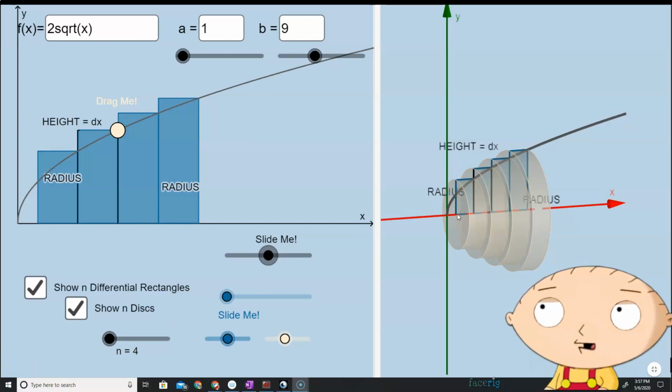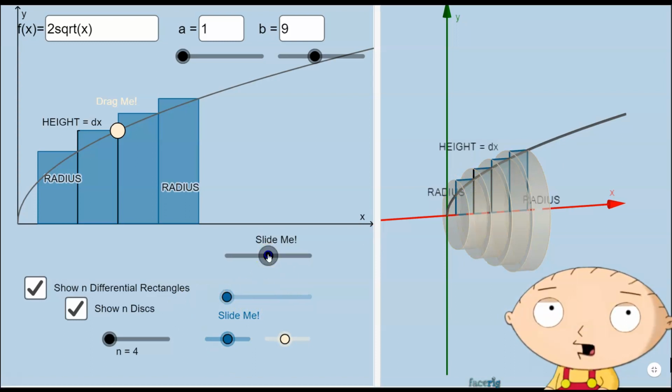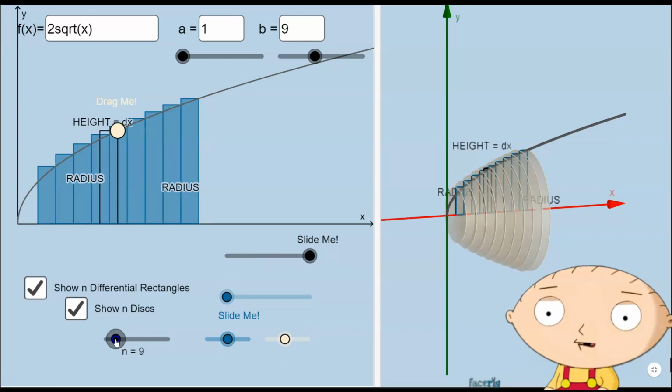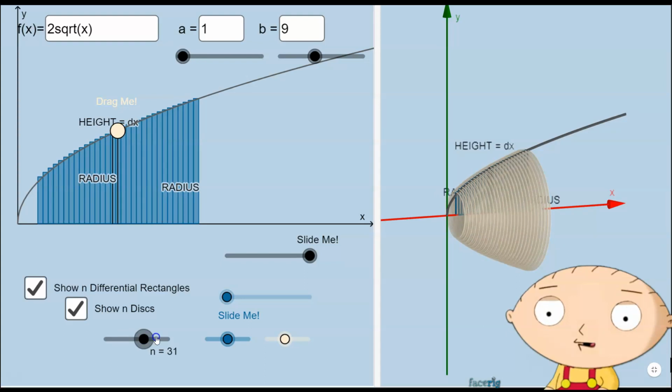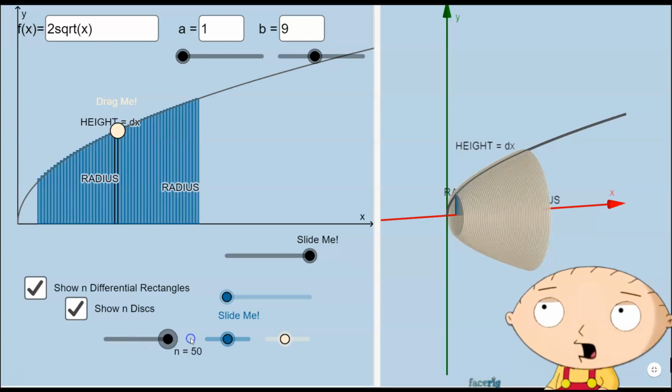So pi, the value of the function for this particular x value, squared, times the height of the disk, its thickness. And we can see as I make more of these disks, that height gets infinitely small, and eventually we get a very accurate approximation of the volume.